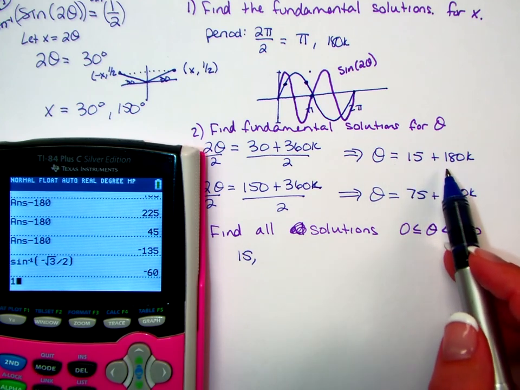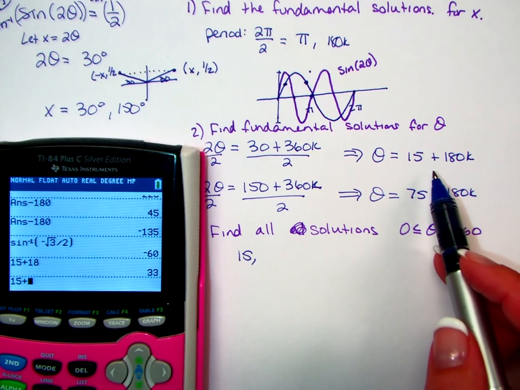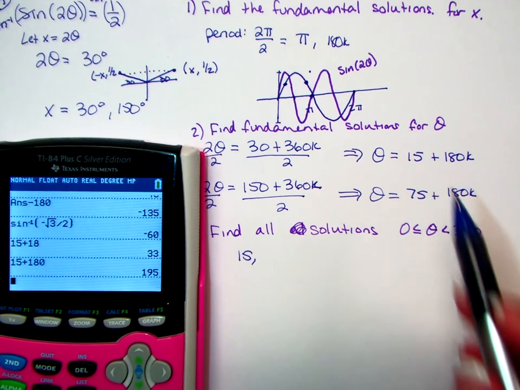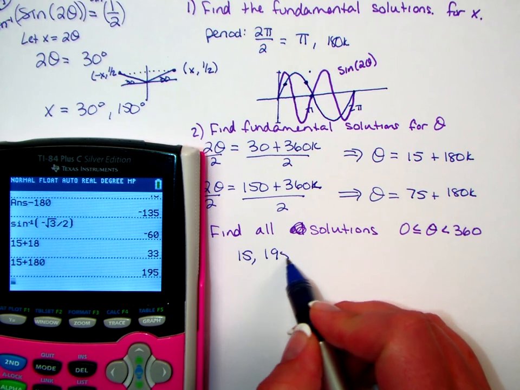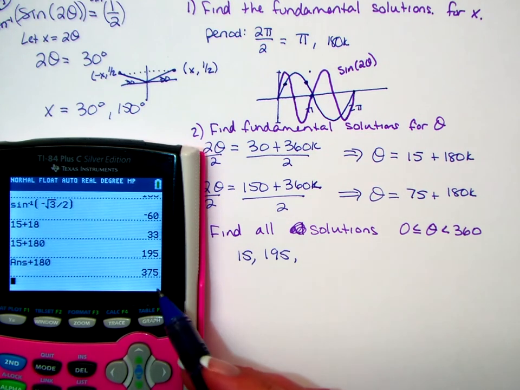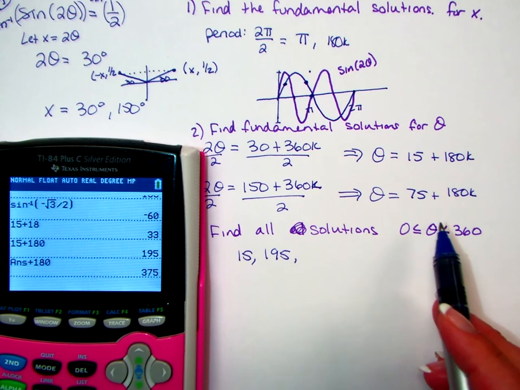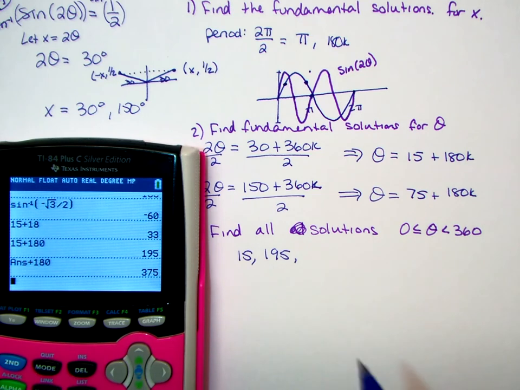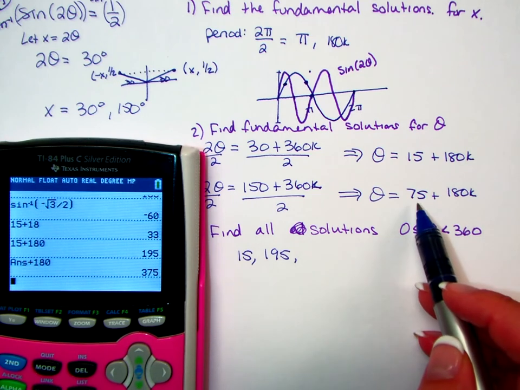I don't want that. So 15 plus 180 will get us a second solution, which is 195, right? And if I add 180 again, then I get a solution at 375. Well, that's outside of that range. I don't want that one. So I'm going to go to my next fundamental solution.